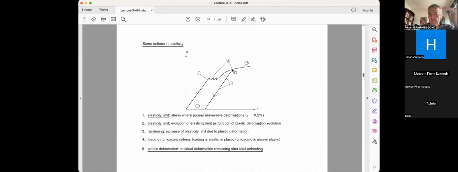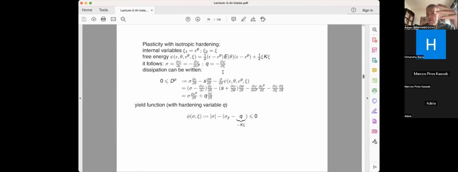I'm just representing it as a straight line, but the slope of this line, as you will see in a moment, is not k. It has contributions from both Young's modulus E and hardening modulus k together. So these are the ingredients. I have the additive split of total deformation to elastic and plastic, I have a free energy, which is constructed as a part from the perfect plasticity and the hardening part, and I have my yield criteria.